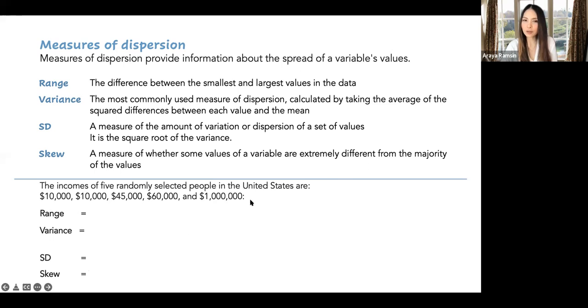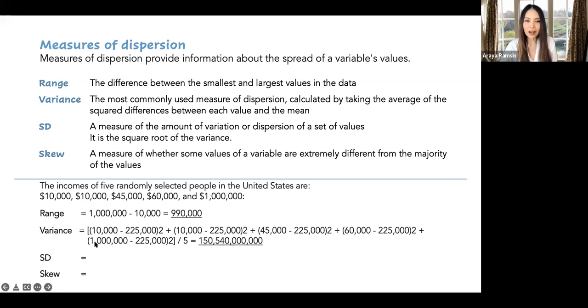And so what is the range? If you have a calculator with you, or if you are good at math or better than me, then you should come up with this number. This is the range here. What is the variance? See, there are 2 lines here, the big space, because it's going to be long. So let me just show it to you here. Back to the definition, it's the most commonly used measure.